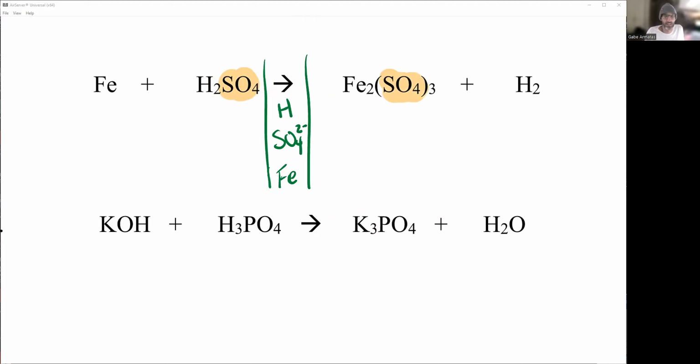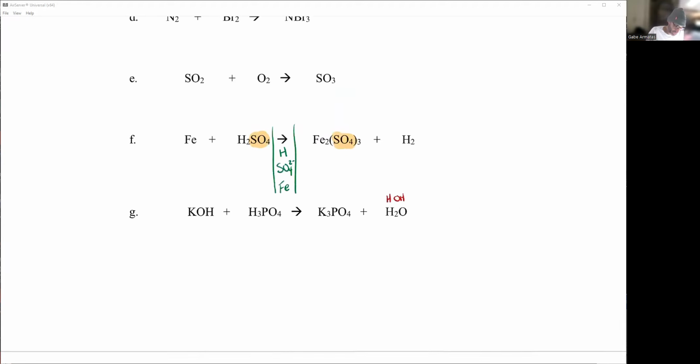Whenever you see a polyatomic, you can set that aside and do it on its own. Down here, I've got phosphate and I've got OH, and water is just H and OH together. So we can usually balance those separately. Just recognize that when you have a polyatomic, you can add it to that list. We'll get there.